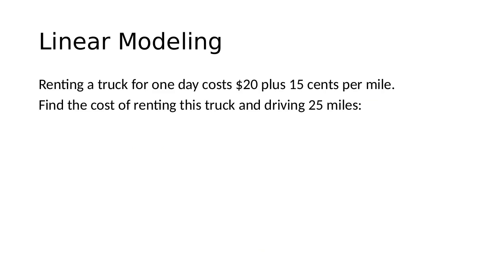Same situation, renting a truck for one day costs $20 plus 15 cents per mile. Find the cost of renting this truck and driving 25 miles. So we're going to start out by just restating our model. That was 15 cents for every mile plus $20. What we need to do is find the cost if instead of using X for the variable, we know we're going to drive 25 miles, so we can put 25 in where the X is.